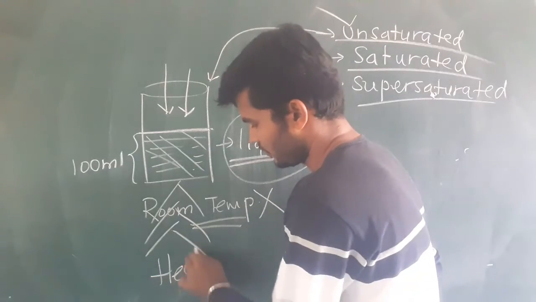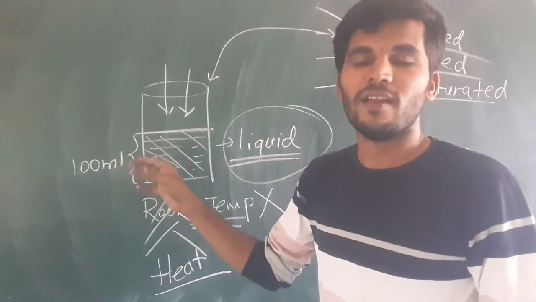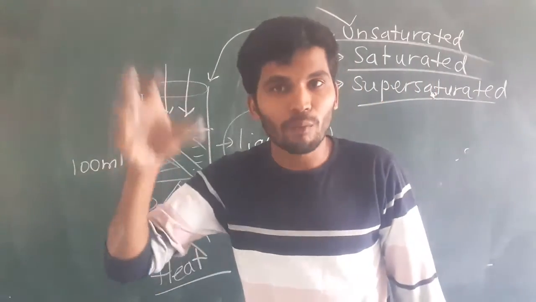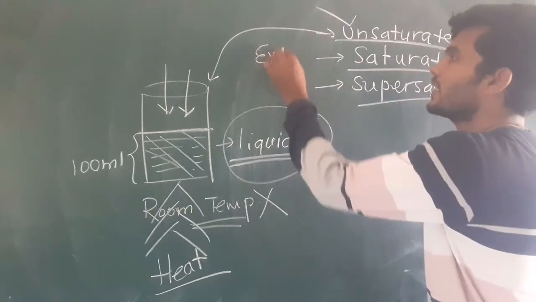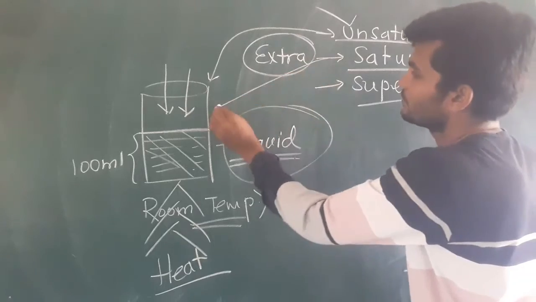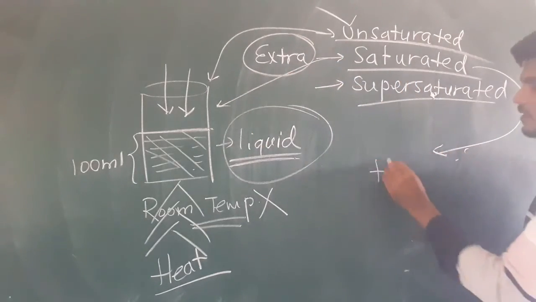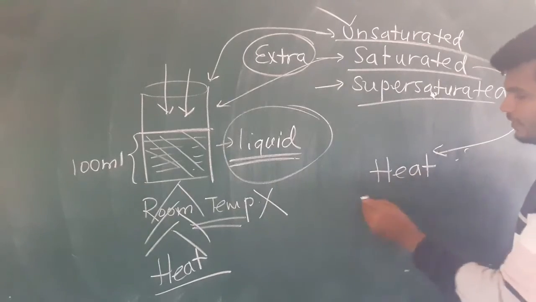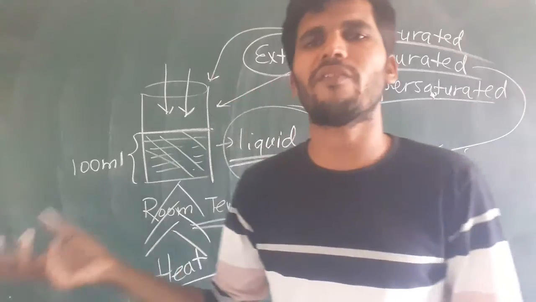So what will happen? This solution can adjust a little more salt, additional salt, extra salt it can dissolve. So this process is called the saturated. Saturated means when heat is provided, a little amount of salt we can add more.